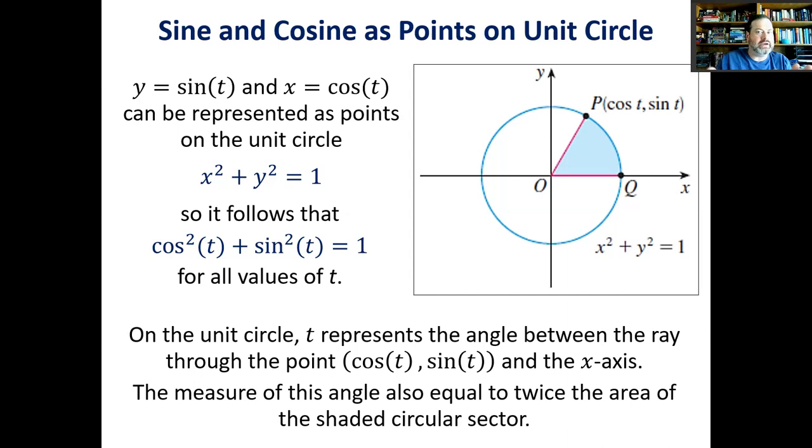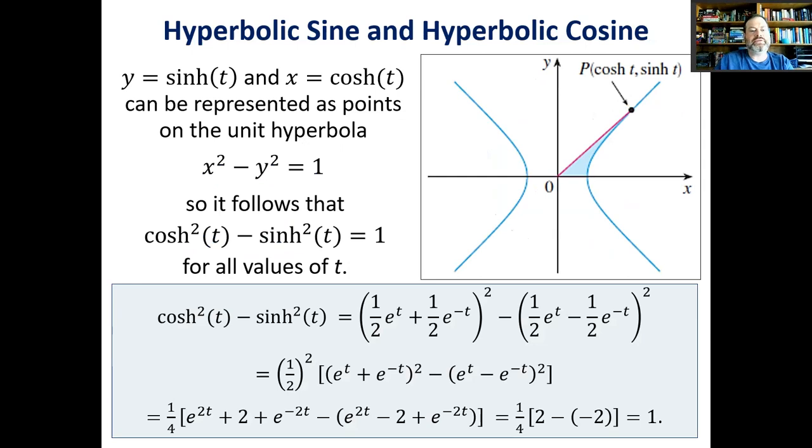I'm not proving that geometric property. Just take that as a given. It turns out that hyperbolic sine and cosine have the same relationship to the unit hyperbola x squared minus y squared equals 1. So it should follow that cosh squared t minus sinh squared t is 1.